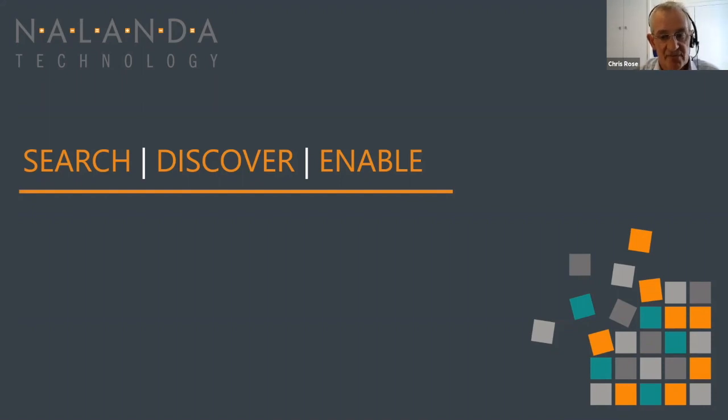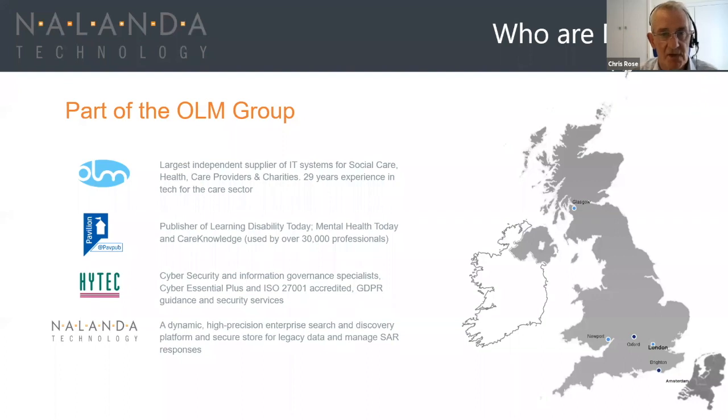So just very briefly before I show you the live product, to give you a bit of background on who we are. The business is called Nalanda Technology. We are part of OLM Group. OLM Group has a range of software and support facilities spanning software to the local authority and national health and charities and care provider sector.